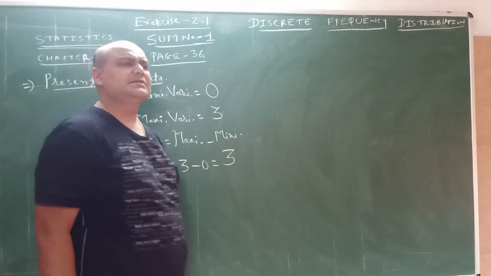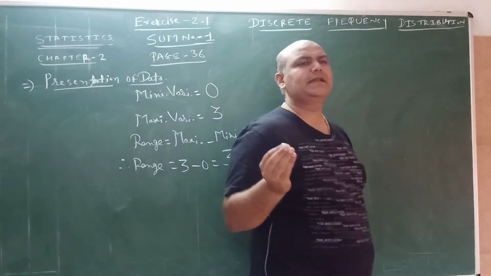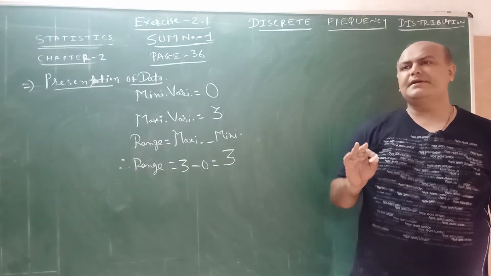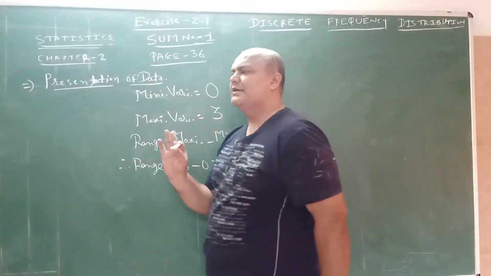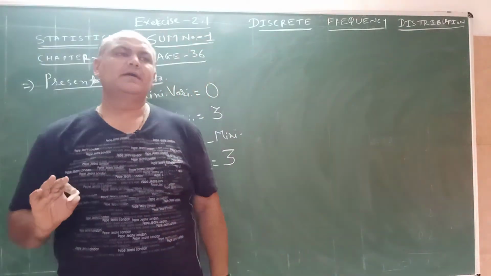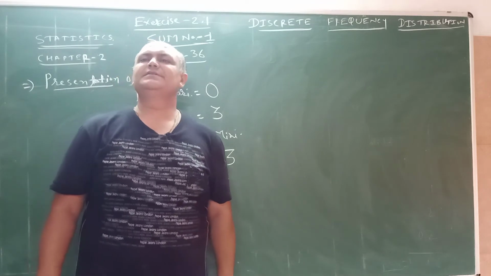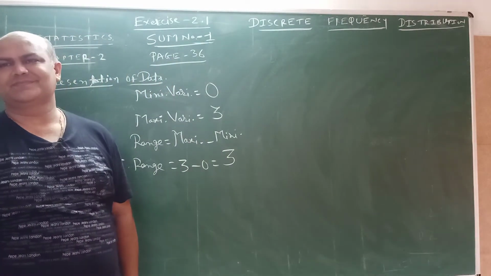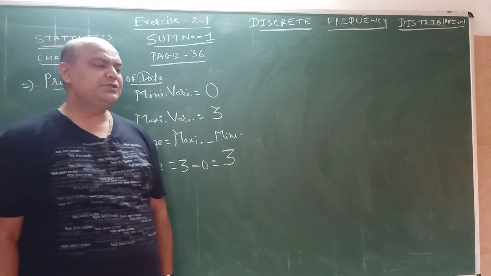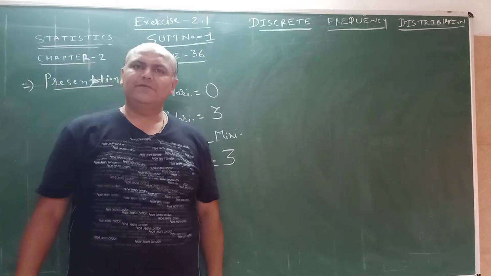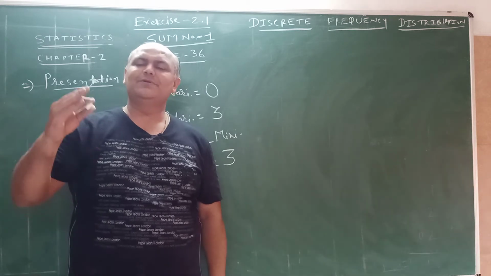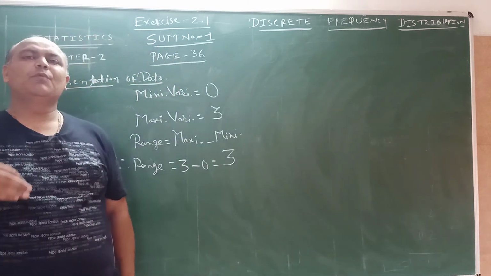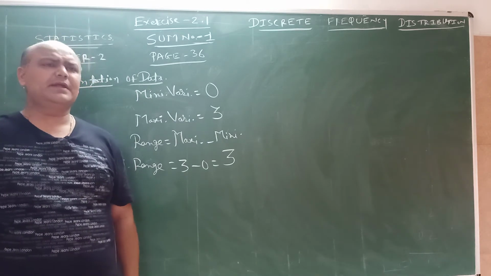My dear friends, whenever the range is up to 10 or up to 15, it is very clear that we have to prepare the discrete frequency distribution. Why? Because the range is very low. Sir, if the range is high, then definitely we have to prepare continuous frequency distribution. Sir, high means more than 15 range, more than 20 range.